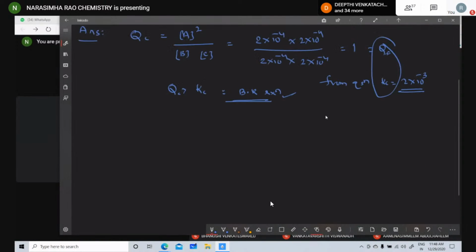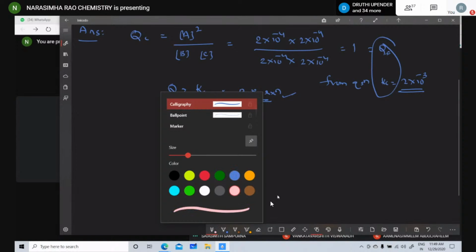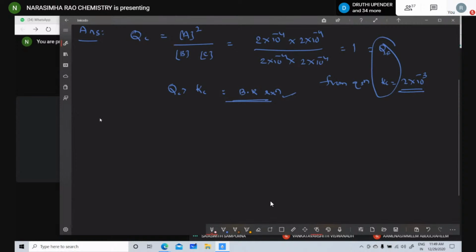One more example. Another example problem. Now, H2 gaseous plus I2 gaseous is in equilibrium with 2HI.